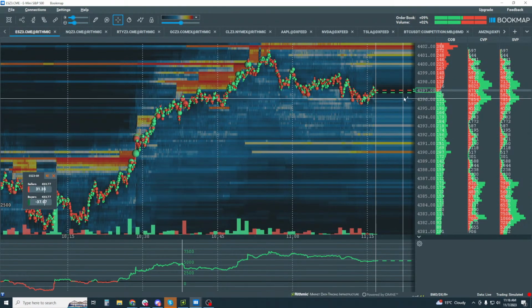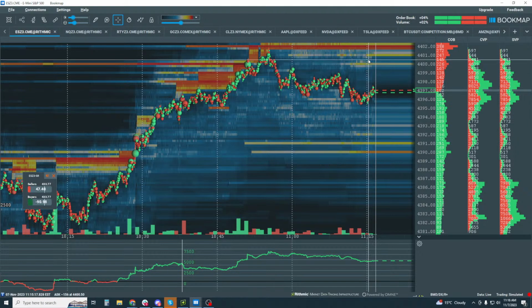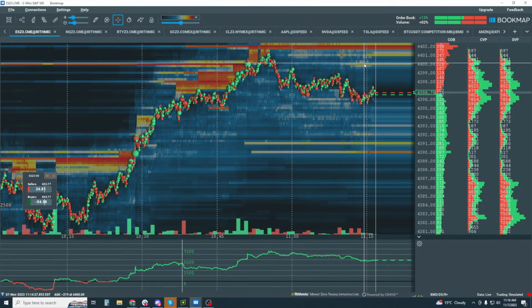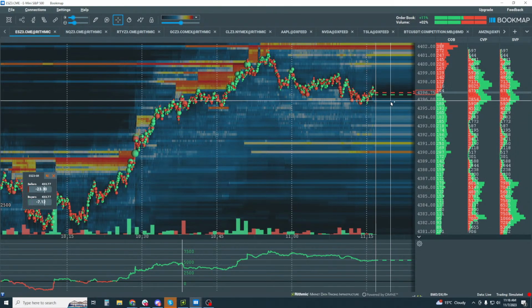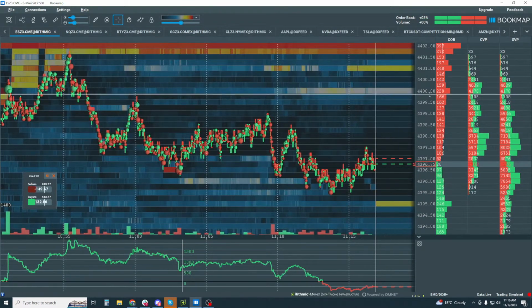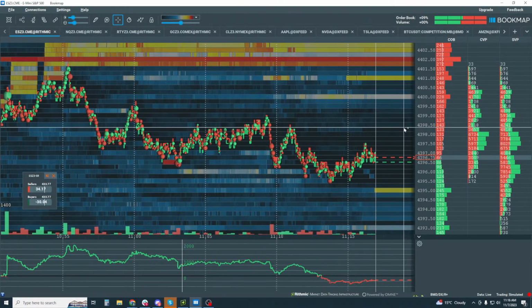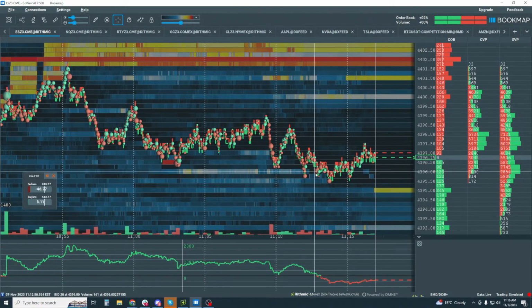Okay, the book is looking better and better in here. Look at this, bidding up underneath like this. They also are offering lower in here, but this is looking pretty strong. So we want to see these big buyers come in here. We do have some trap volume in here.